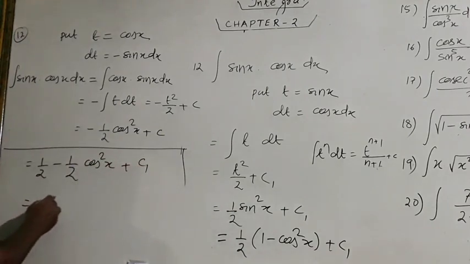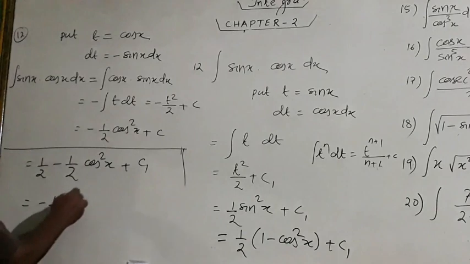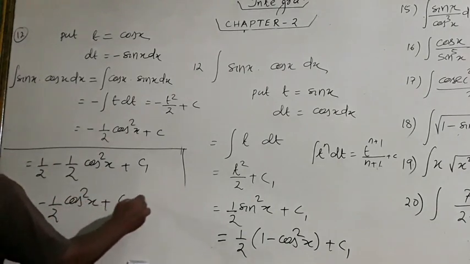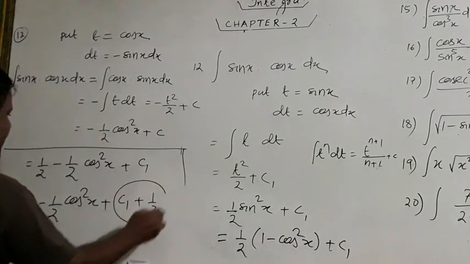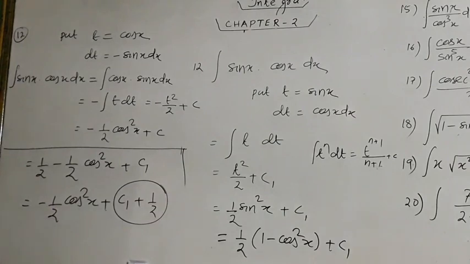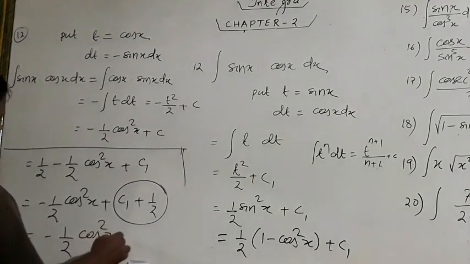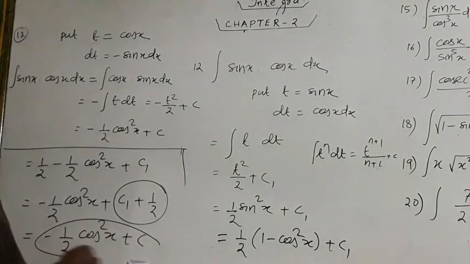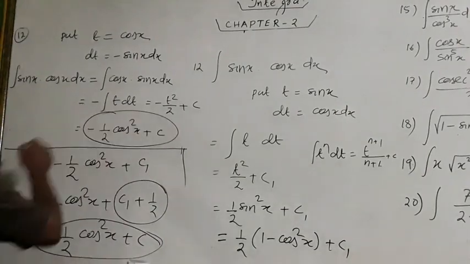Look at here, minus 1 by 2 cos square x plus C1 plus half. C1 is constant, half is constant. When they add to each other, it will become another constant. Now it is minus half cos square x plus C. Here the same answer.